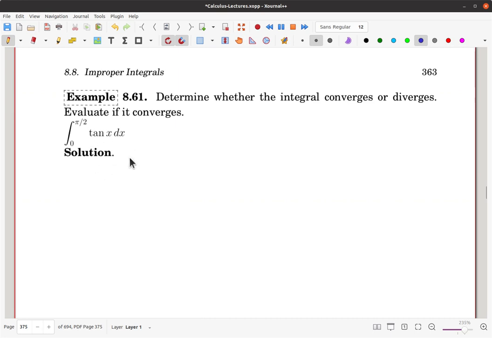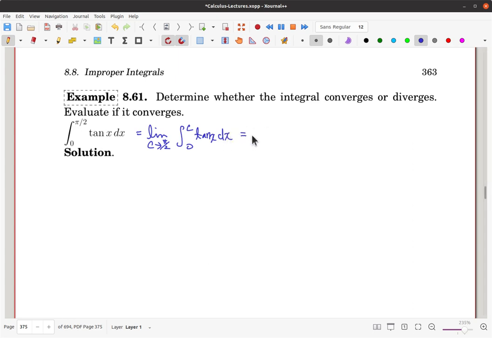Okay, same question along with this one. Now, at 0, tangent x has value 0, but at pi over 2, the function value is blowing up. So, okay, this can be written in this way: limit as c approaches pi over 2, and the integral from 0 to c of tangent x dx.